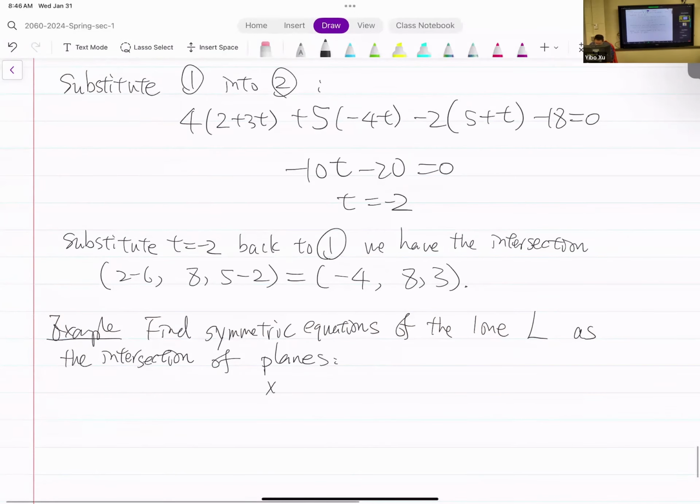So two planes intersect in a line, right? But we want to get the symmetric equation. So the plane here is x plus y plus z equal to 1. And another plane is x minus 2y plus 3z equal to 1.